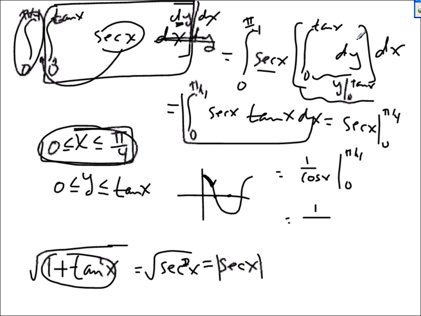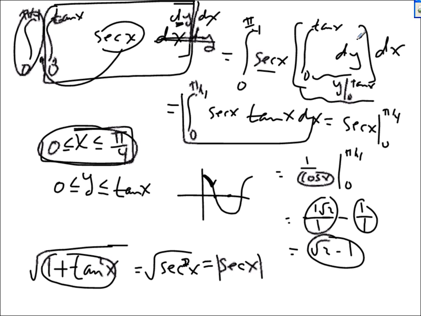Cosine of pi over 4 is 1 over the square root of 2, so 1 over that is the square root of 2, minus 1 over the cosine of 0, which is 1. So this is just square root of 2 minus 1, and there's your answer.